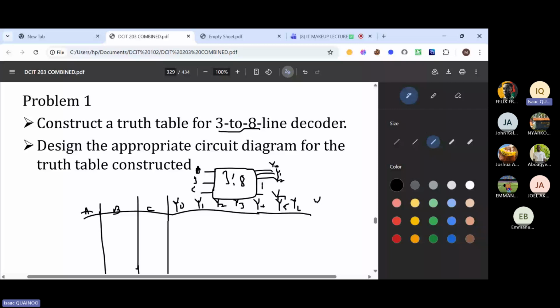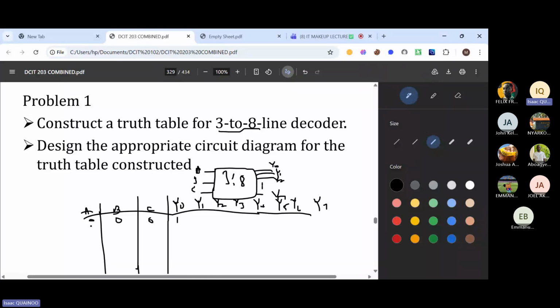So with this, we take our A, B, C, and we have 0, 0, 0, right? That's going to correspond to Y0.